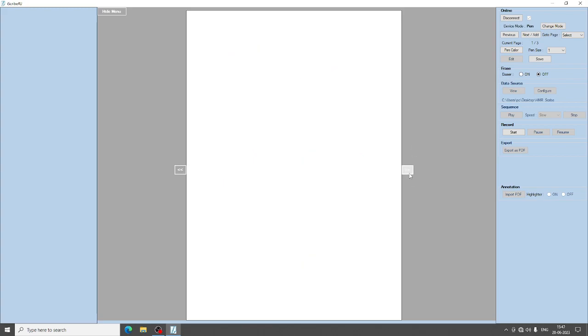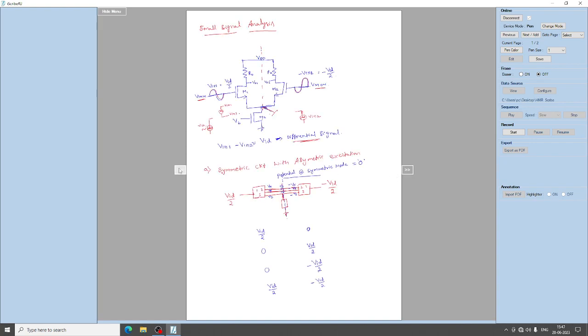Okay. So here, considering one half of the circuit, which is nothing but this terminal. What terminal? This terminal I have taken as 0, right?